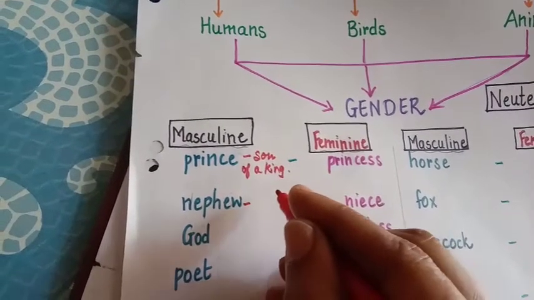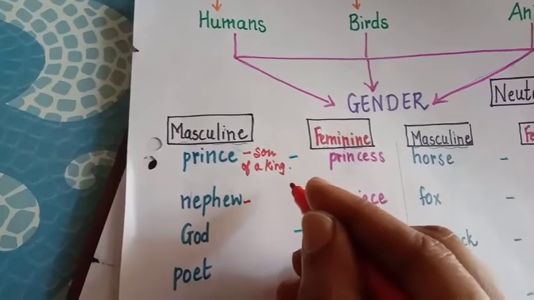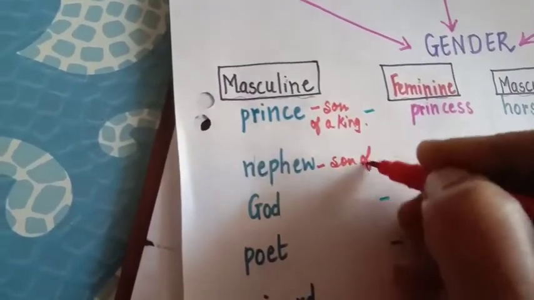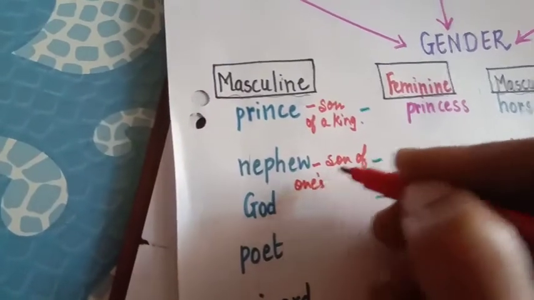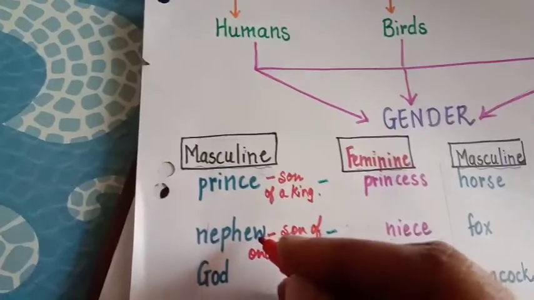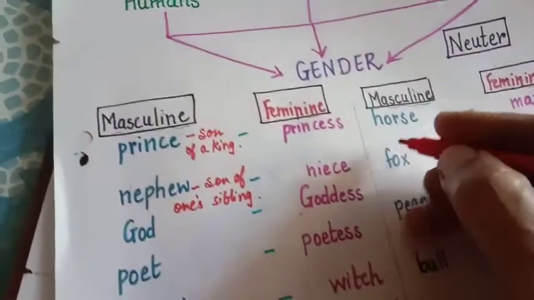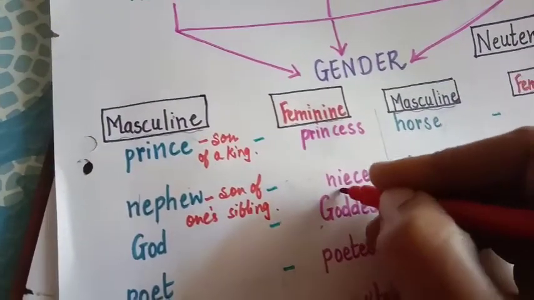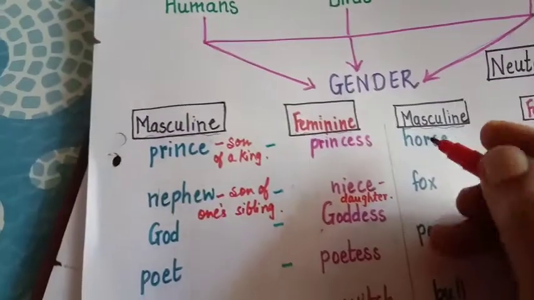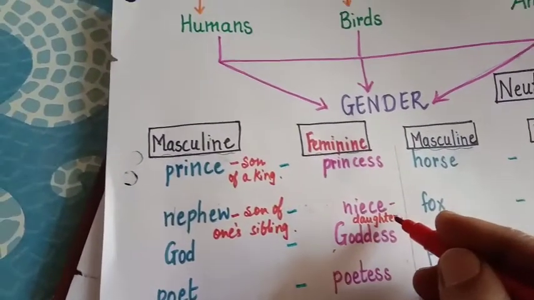He is your nephew. You are his aunt. The son of one's sibling is a nephew. The exact opposite is the niece. She is a daughter of your brother or your sister. Okay.